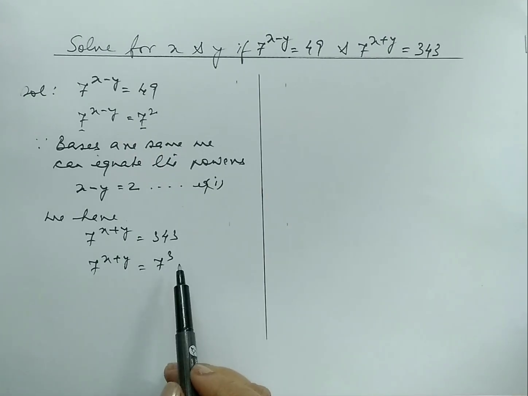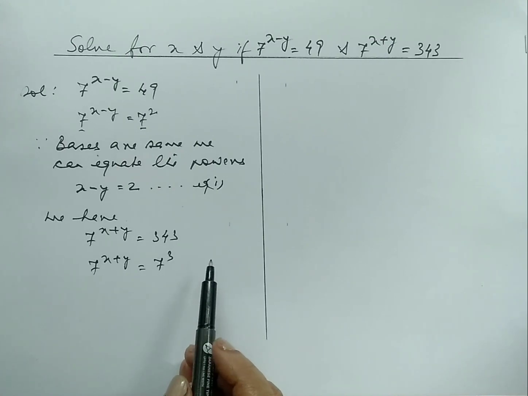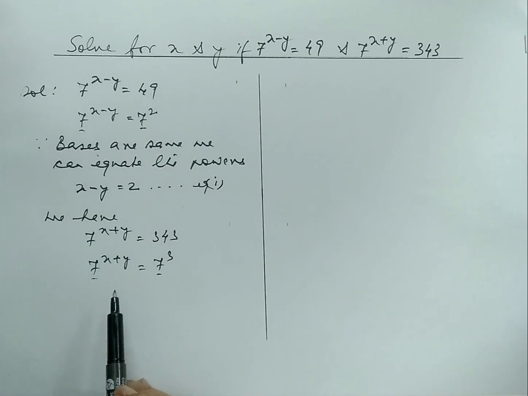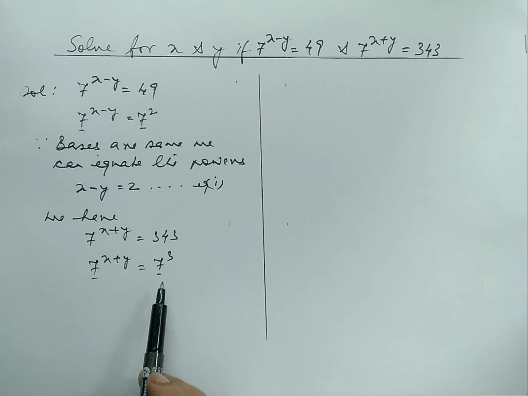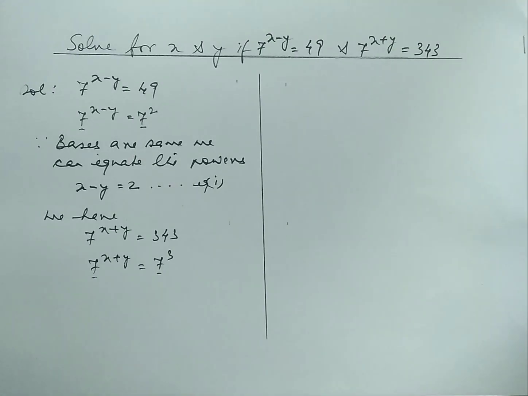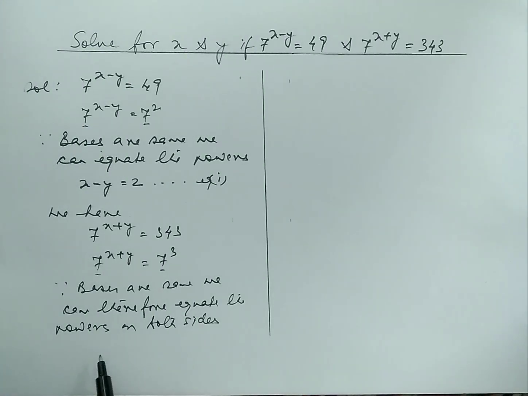Isn't it? 7 into 7 is 49. 49 into 7 will give us 343. Correct? So even in this case we find that the bases are same and thus we can equate the powers: x plus y equals 3. So we write x plus y equals 3. Now this happens to be our second equation.